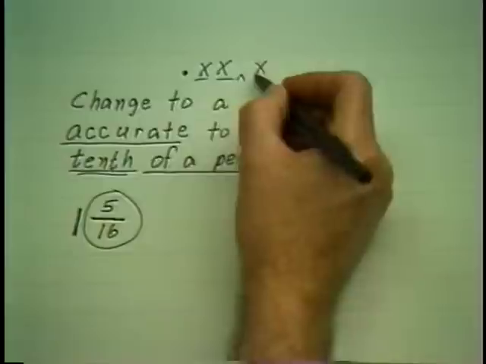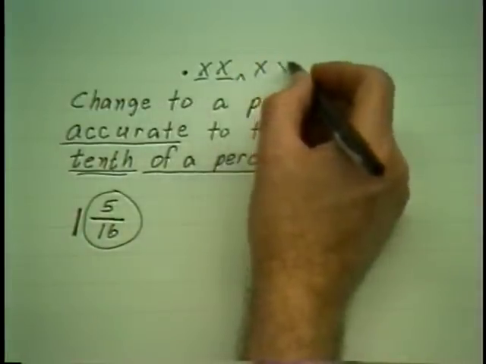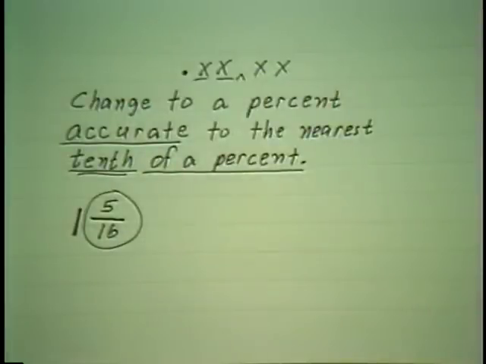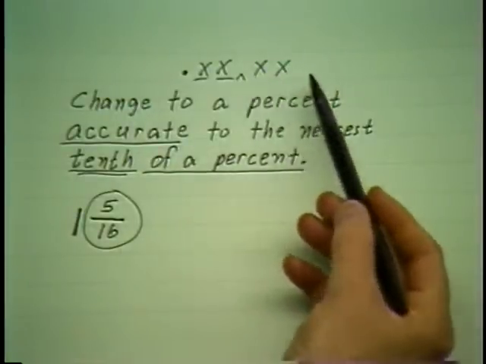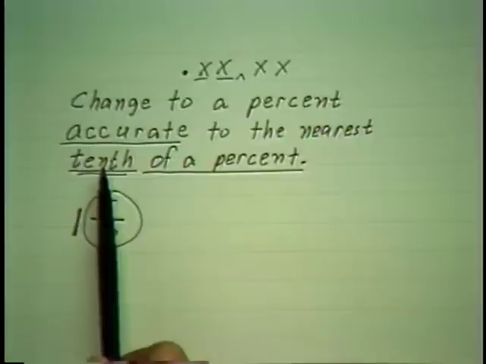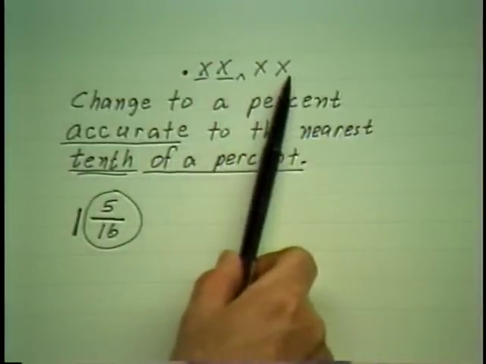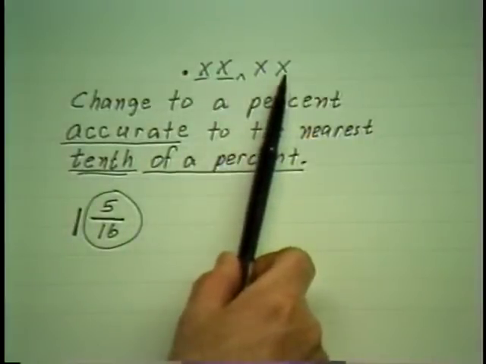Then I need a tenth of that percent. Then I need 1 more place to round up or down. So tenth of a percent means, decimal-wise, I need to divide 4 places if that's possible.